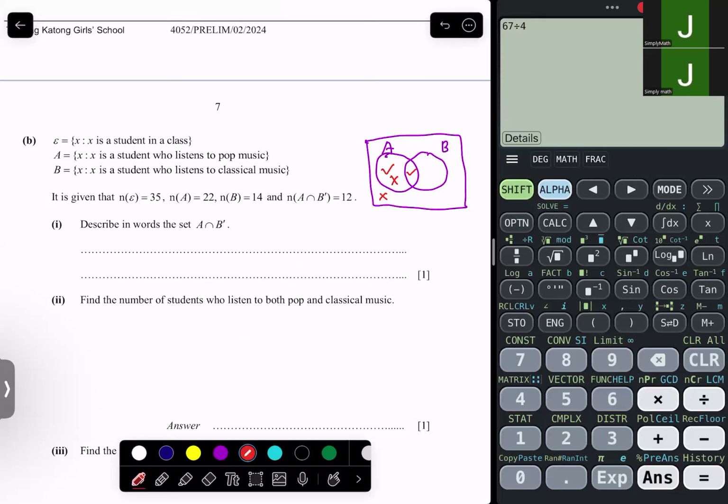A intersect B complement means this part down here. So we want the students that listen only to pop music. That's what it means, right? So the students who listen to only pop music.